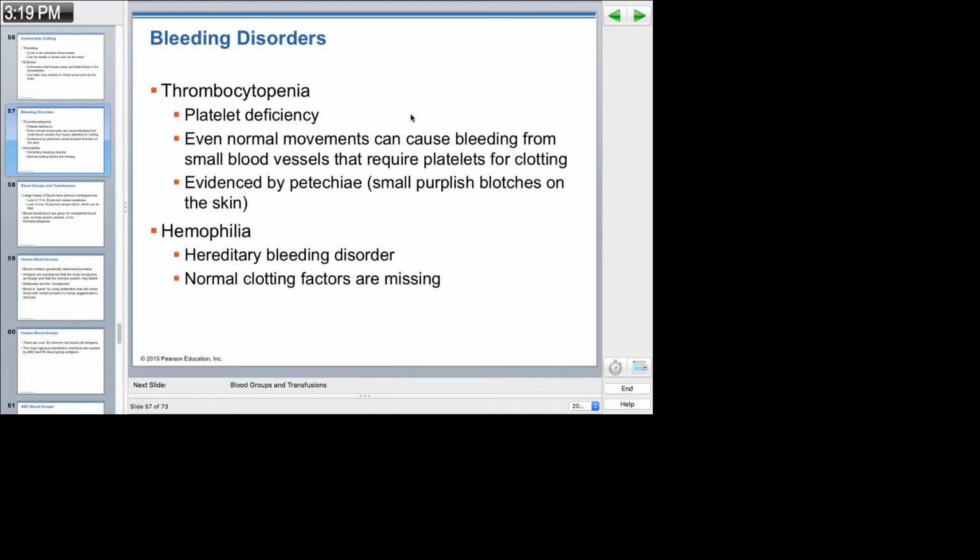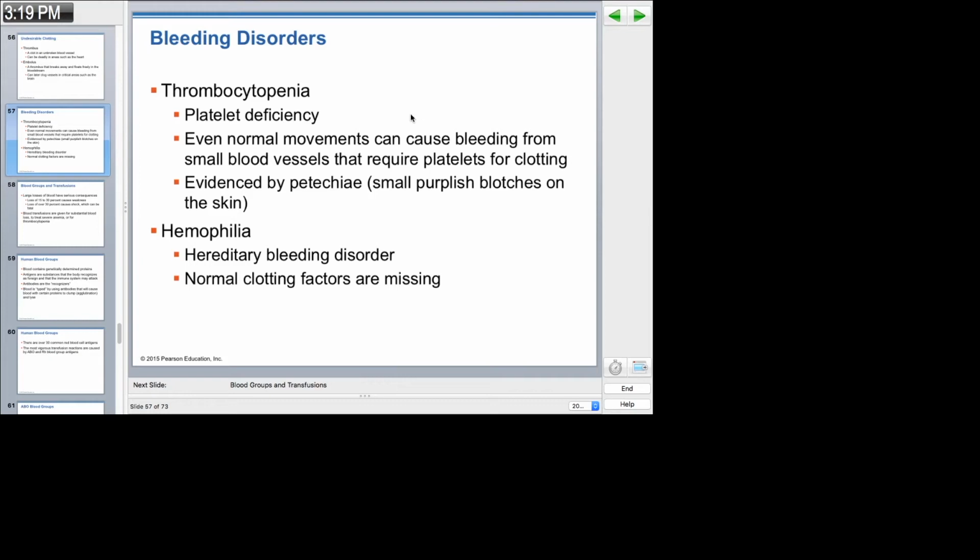A couple of the types that we have here is we've got thrombocytopenia, which is you don't have enough platelets within your body. So by not having enough platelets in your body, you can't create blood clots.